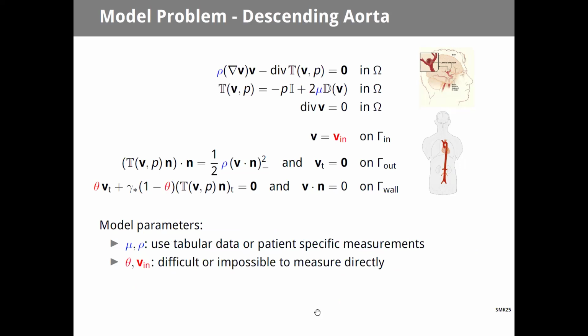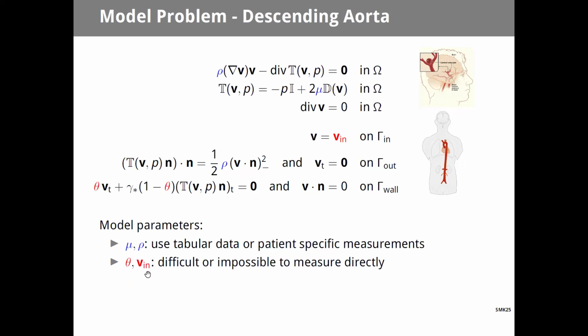So there are some reasons why to consider the slip boundary condition, and we try to use it and see if it has some influence in some of the cases. So actually, you have some material parameters for blood, viscosity and density, which you can usually measure quite nicely.